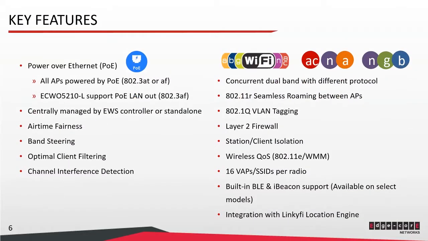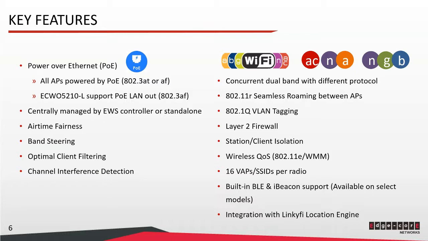Now, let's move on to the key features supported by our access points. First, all of our AP models support PoE, and they can all be managed by the EWS controller and provide enterprise-level wireless performance. And EdgeCore APs also have channel interference detection, so when the interference reaches a pre-configured threshold, the AP will automatically change the channel to continue providing stable Wi-Fi performance.